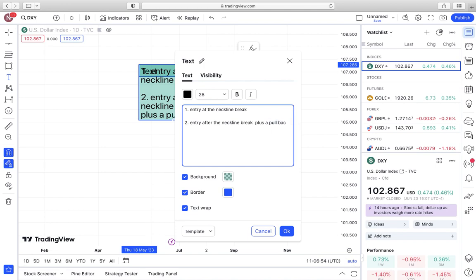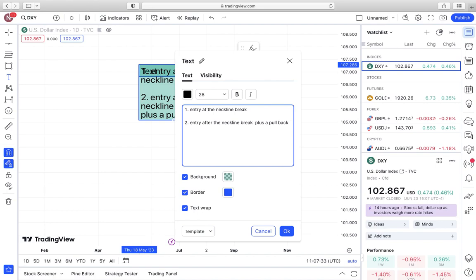Some people will enter at the neckline break and they do not wait for the pullback, because not all the pairs always pull back. Some people will just enter the market without necessarily waiting for what we call a pullback. Then some people will wait for the neckline break, and they will also wait for the pullback of that given market. That one is the entry at the pullback.